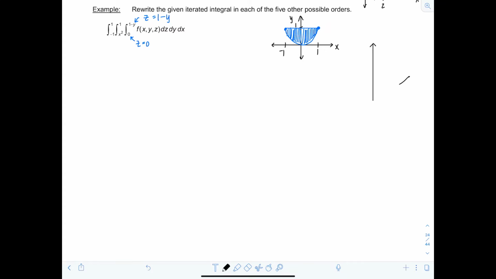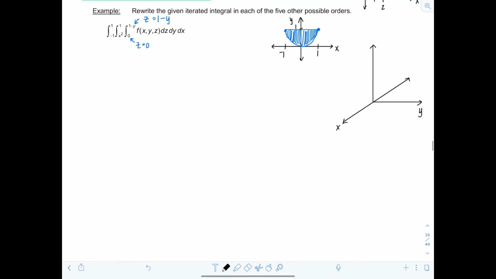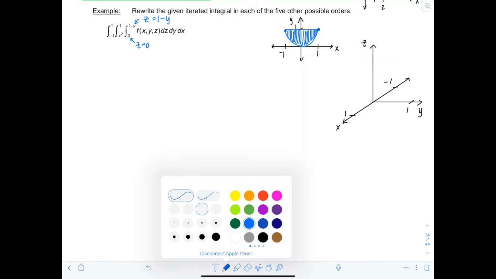I'll extend the x-axis because it goes to -1, but there's no need to have negative values on the other axes. So here's the x-axis, y-axis, z-axis. x goes between 1 and -1, and y goes up to 1 as well.